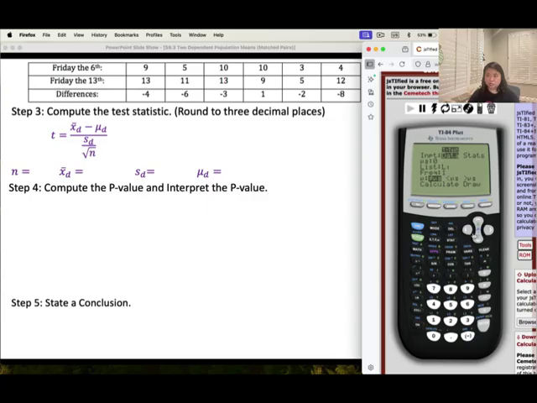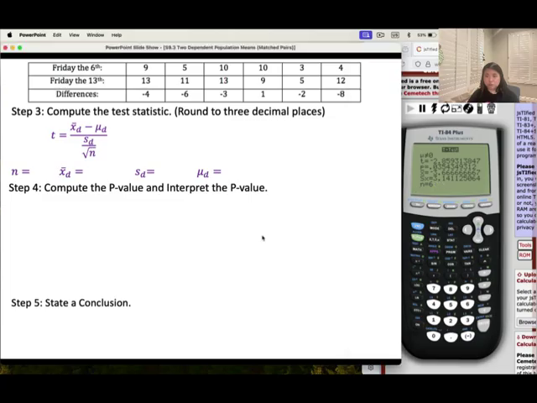Frequency only 1. For the alternate hypothesis, we do have not equal to. And then calculate. You will have n equal to 6, and the mean of the difference is -3.667. The standard deviation of the difference is 3.14.